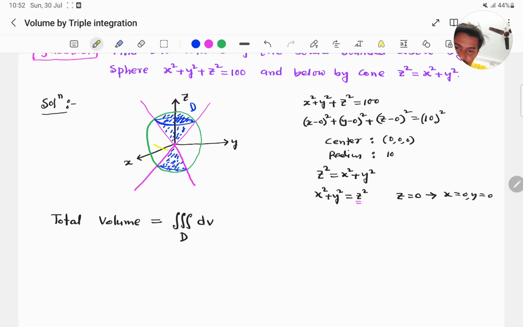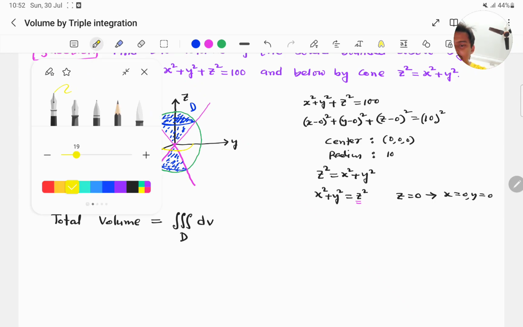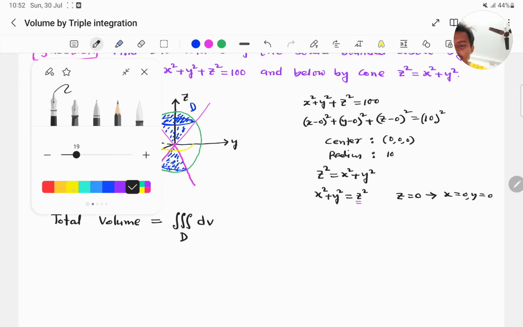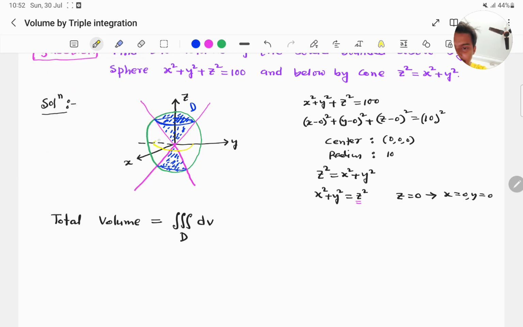If we take this kind of circle in the xy plane, the disc bounded by the yellow circle will give us the projection of the solid on the xy plane.